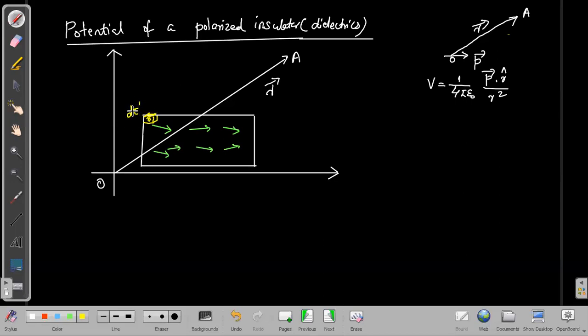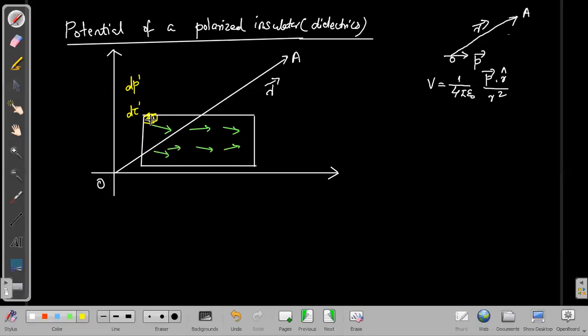This d tau prime will contain a very small amount of dipole moment dp prime. First we will calculate the potential produced by this infinitesimal dipole moment at point A. Once you know that expression, then by just integrating it, we'll get the total potential at point A. So that is the idea.